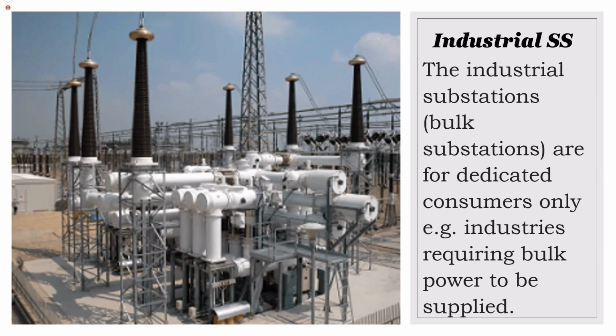But the key here, when we talk about industrial substations, is that the utility would provide a subtransmission level voltage to the facility. So, saying that again, they would supply a subtransmission voltage to the facility.